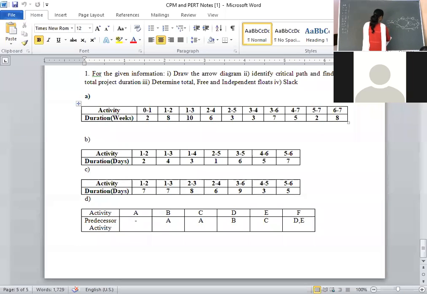The same problem. We will do total float, free float, and independent float in a different way. Okay? You know how to calculate earliest start, earliest finish. We have already calculated them. Anybody is having any doubt?